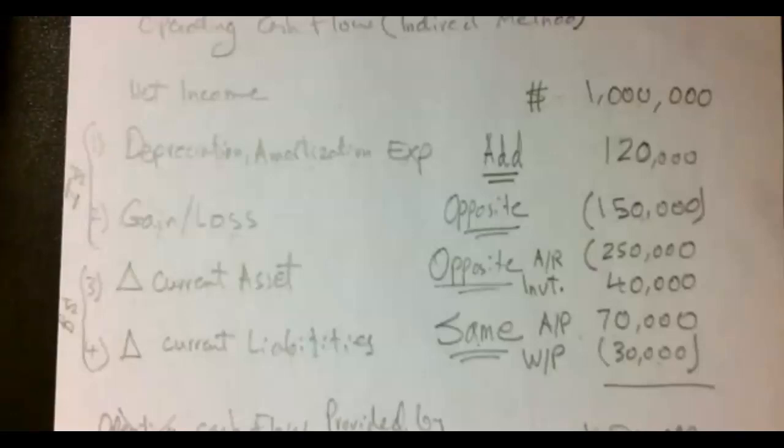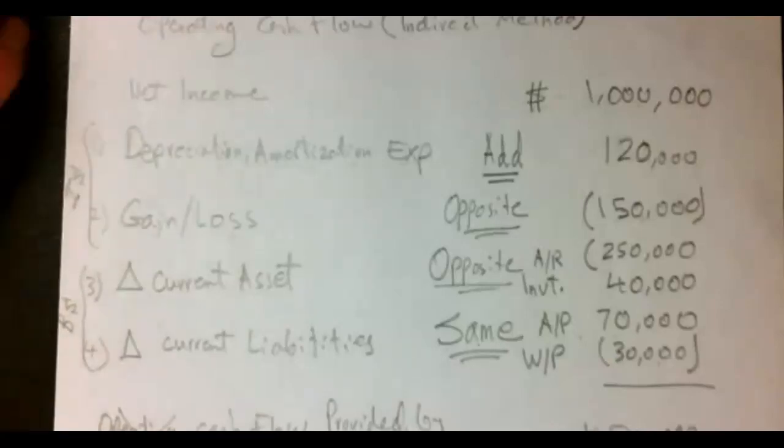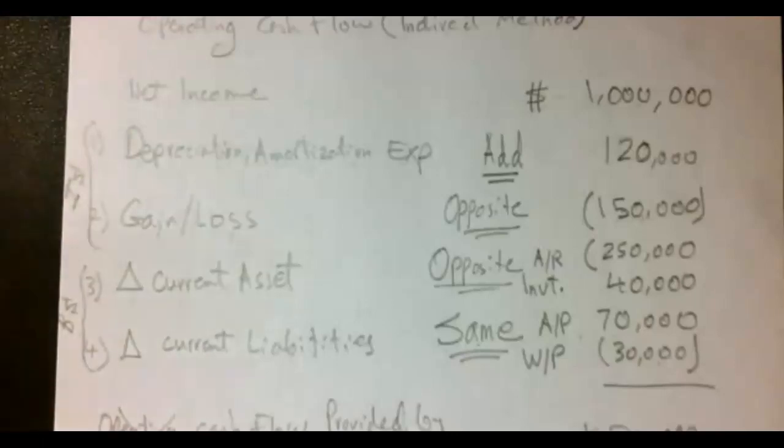Yes, your net income is 1 million, good for you, but your accounts receivable increased by 250. That means you didn't collect cash, and that's why you deduct it. Make sense? Any change in a current asset, you do the opposite, bottom line. That's all you need to remember.